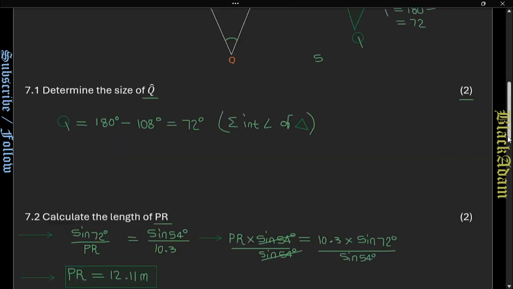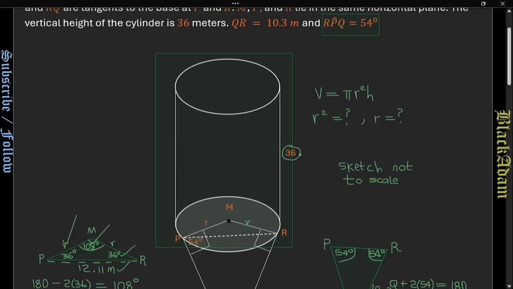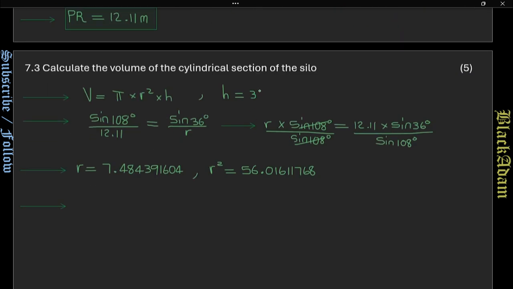Our height is 36. So our volume is going to be pi multiplied by r squared, 56.016111768, all multiplied by 36.